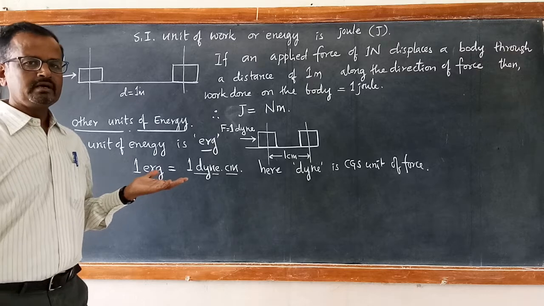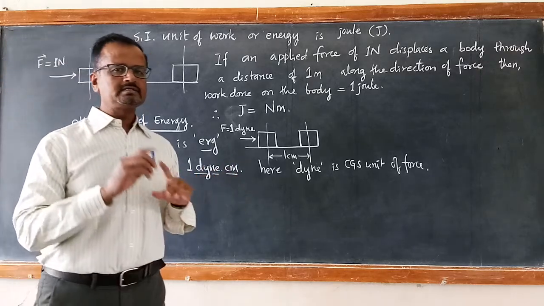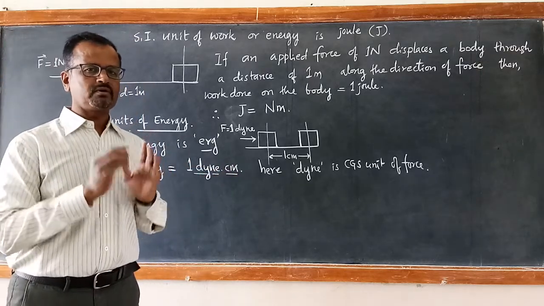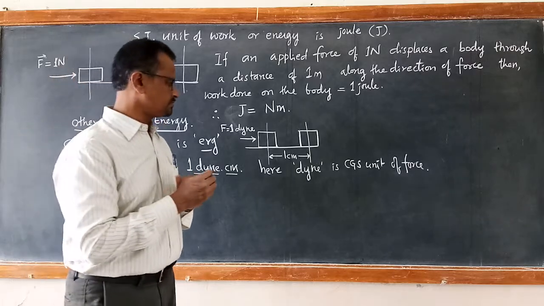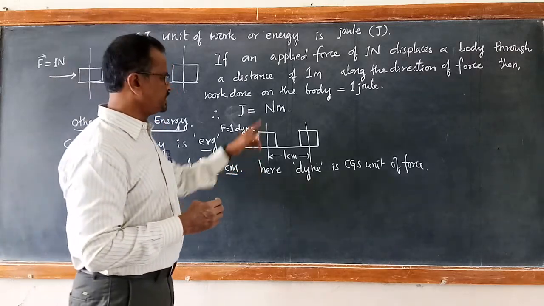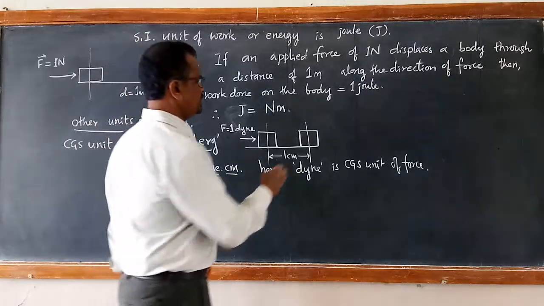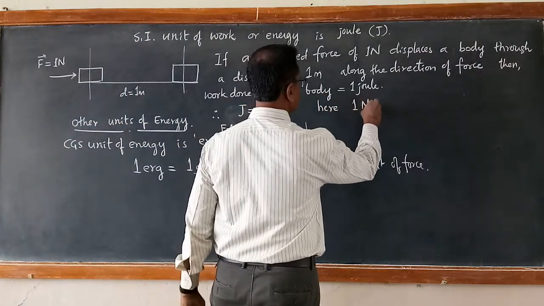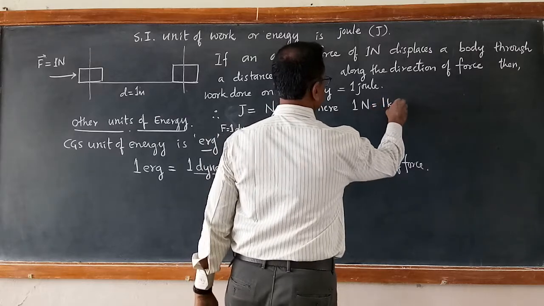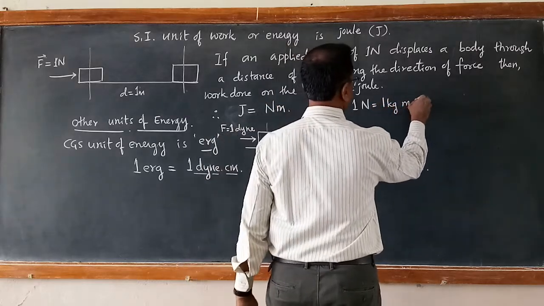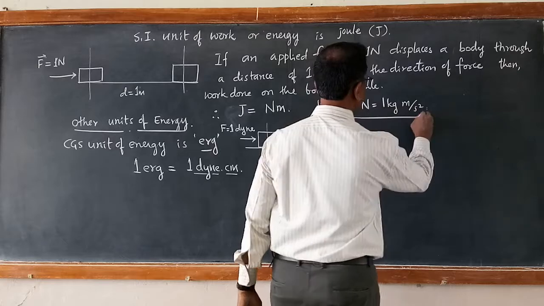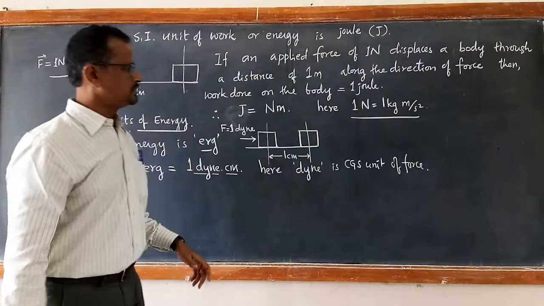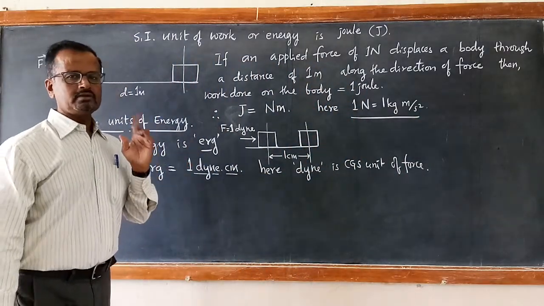It is very important while converting units from one system into another system. Then what is 1 dyne? Here we know what is 1 Newton. 1 Newton is equal to 1 kg meter per second square. This is how we defined it in the last topic where we learned laws of motion.